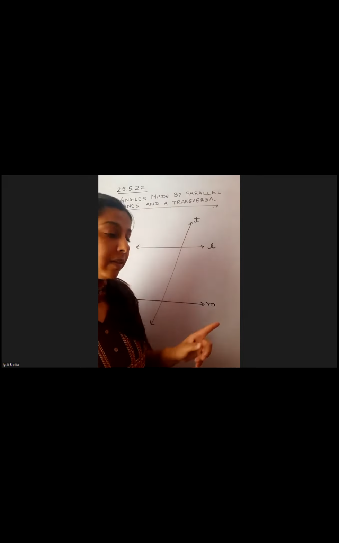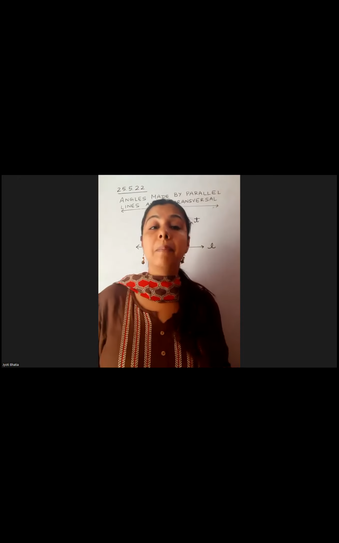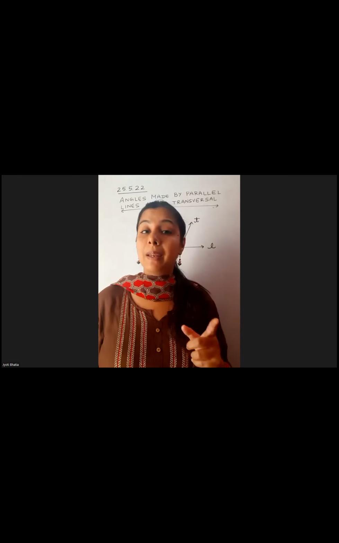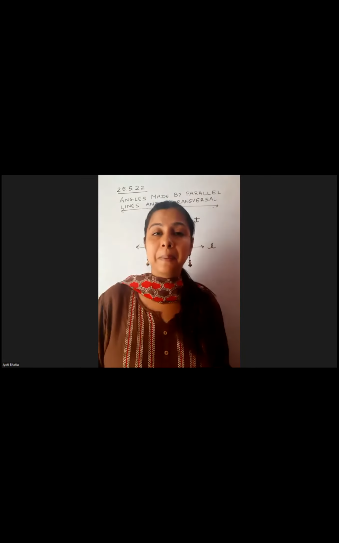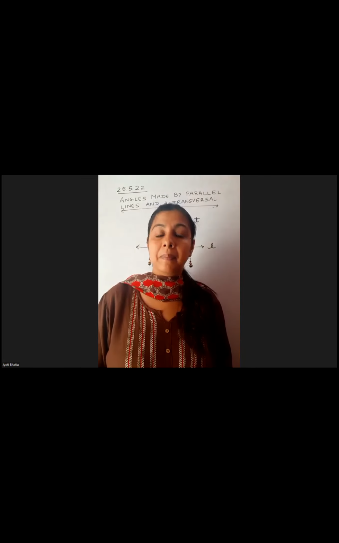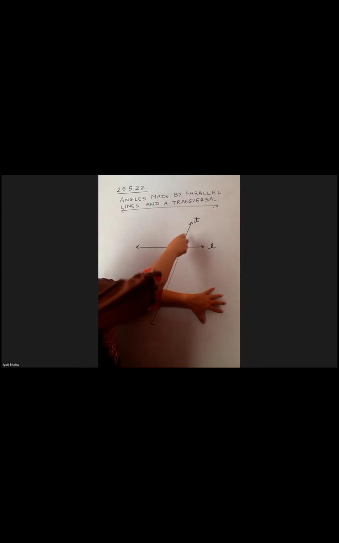Suppose, children, we have two parallel lines given by l and m and a transversal line t. Let us discuss how many angles are being made. How many angles are formed when two lines intersect? Ma'am, 4. So if I hide the lower part, does it look like a pair of intersecting lines?